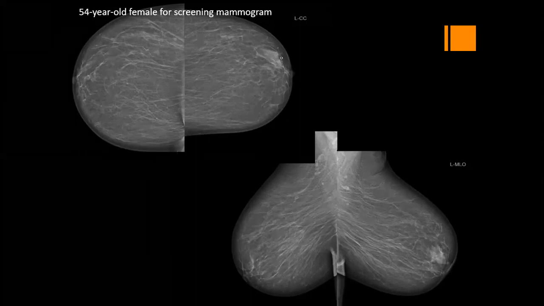It is more retroareolar because it is in close proximity to the nipple. Suspicious calcification appreciated, but not clear, most likely it's not representing calcification. This is a biopsy clip.